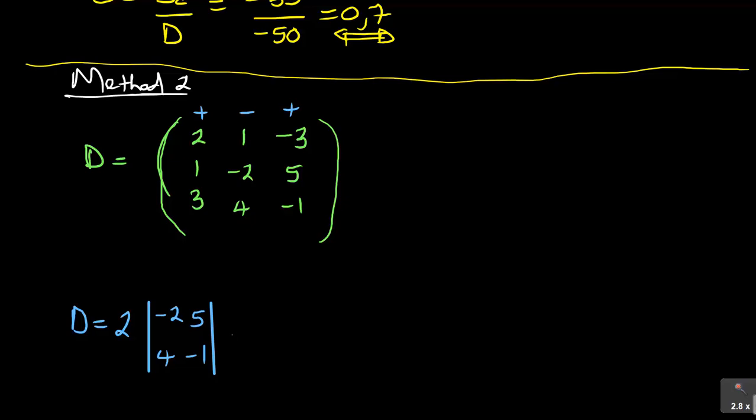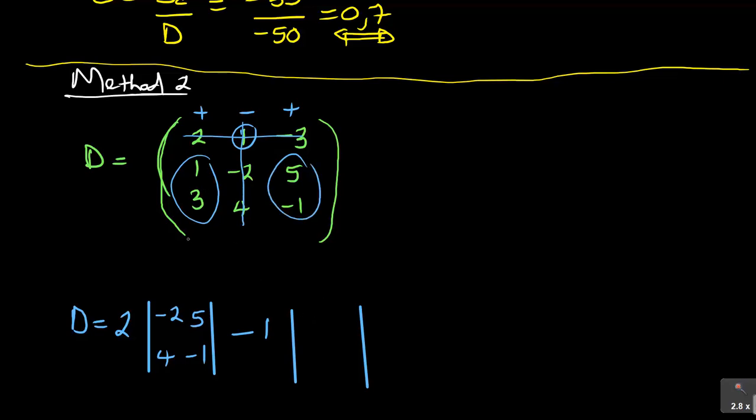After that, it's minus, then I'm going to take the 1 and do the same thing here. This is the most common method to use. Since I'm selecting 1, if I cross out its row and column, I'll be left with 1, 3, 5, minus 1, which is what I'm going to write.